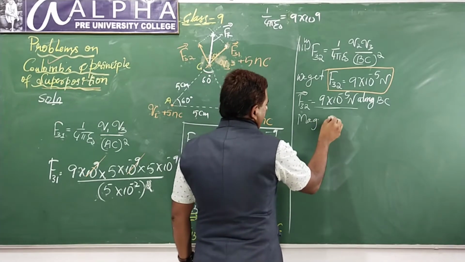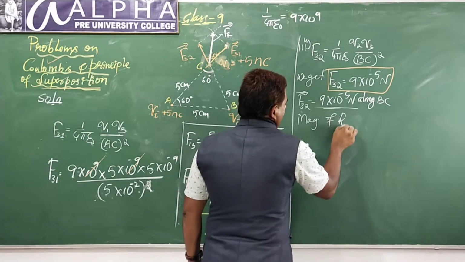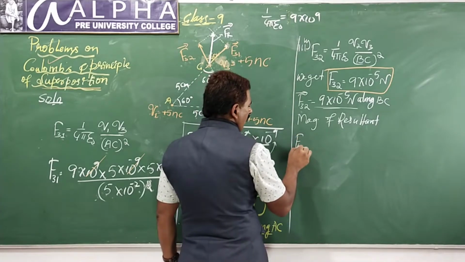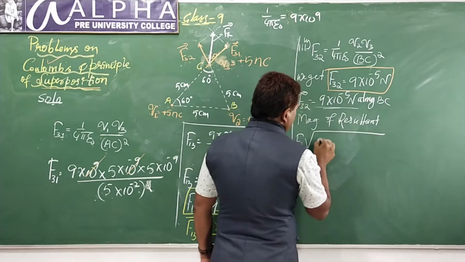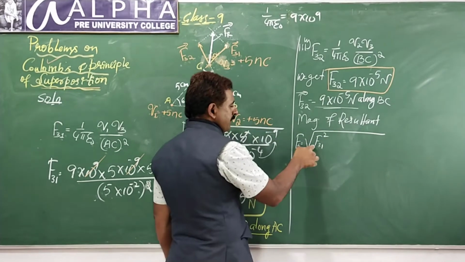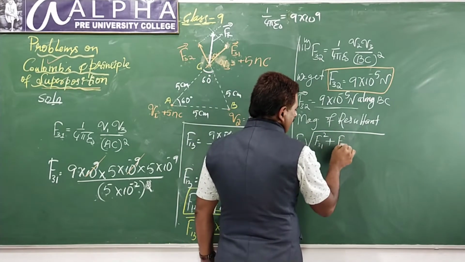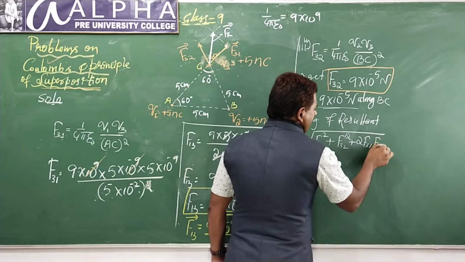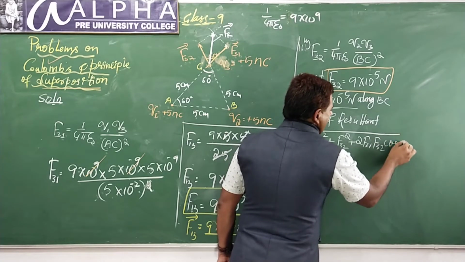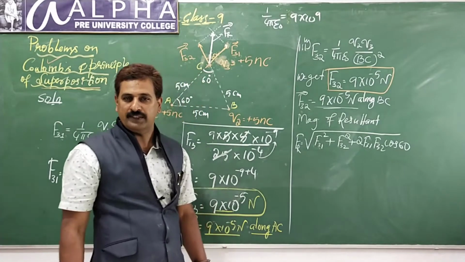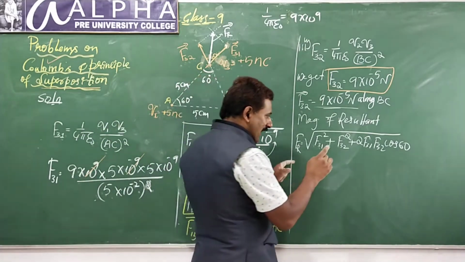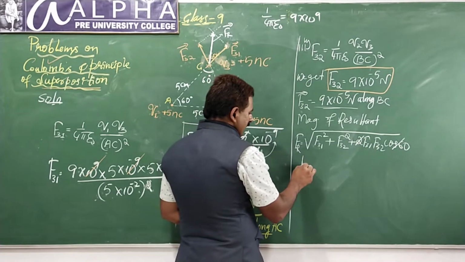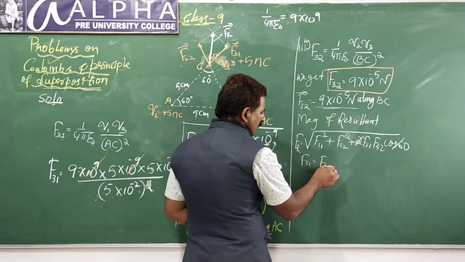Magnitude of resultant, write it in full. What is the magnitude of resultant? FR equals square root of F31 square, that is P square, plus F32 square, like Q square, plus 2 into F31, F32 into cos, what is the angle? 60, as I told you students. What is cos 60? Cos 60 is half, so 2 cos 60 cancels, and F31 equals F32.